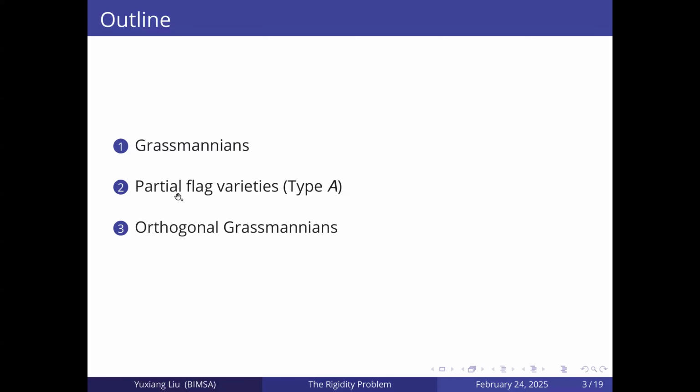Then the partial flag varieties of type A, which is a generalization of Grassmannians, where we will make use of some rigidity results from Grassmannians. And last, I will discuss some methods that can be used for some Grassmannians of type B or type D, depending on whether n is odd or even.